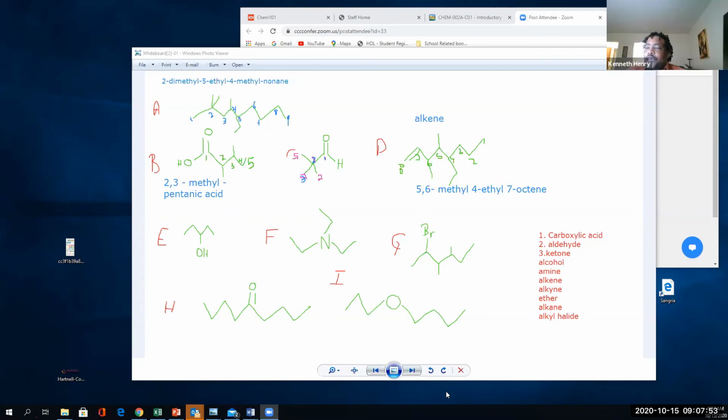That is correct. You want to get the lowest number, and that would be the lowest number. So they're correct in terms of where they started from. Okay. Now the name though, tell me something. Wouldn't ethyl go first? Okay, your ethyl's gonna go first. Okay, so that's one thing.